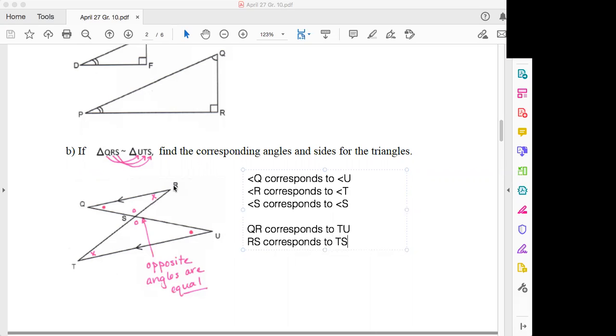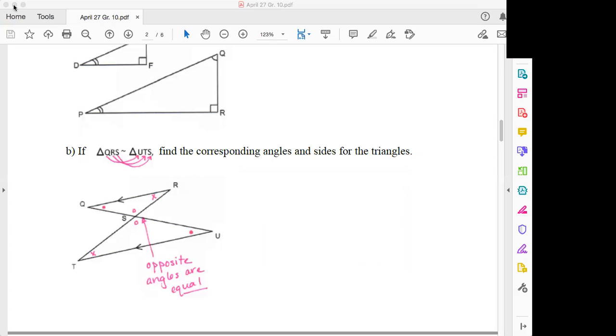Okay, so this guy is the same thing as this guy. And SQ corresponds to SU. Okay, so SQ here is the same thing as this one. So I'm going to erase that and head over to example 2.